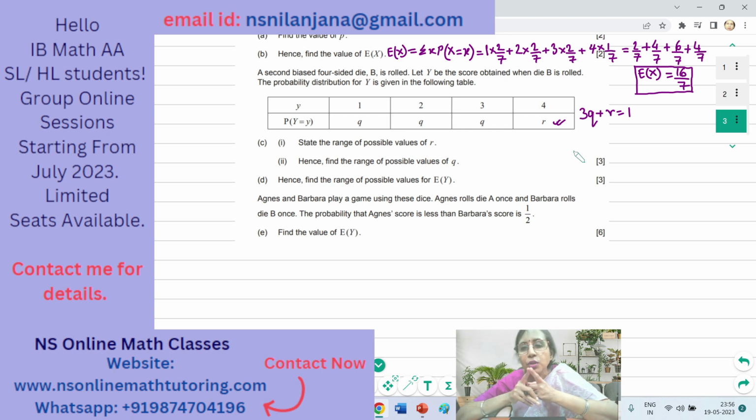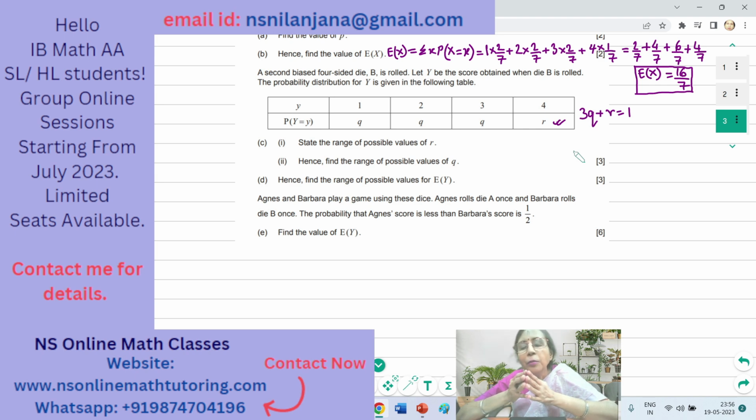If R is equal to 0, then 3Q will be equal to 1 and Q will be 1/3, which is also a probability, between 0 and 1. Perfectly correct. We can have Q as 1/3. So R can have a value of 0.